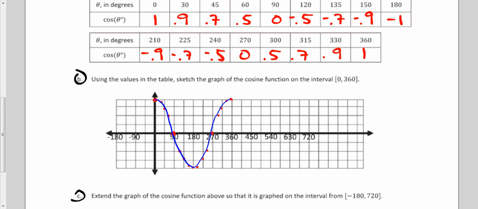So let's finish that. 450 would be 0, and 630. So we'll do that. And then over here on the left-hand side, from 0 going back to 180, what's it going to do? It's going to go back down to what? Oh, wait. I screwed up there. It's going to do this.